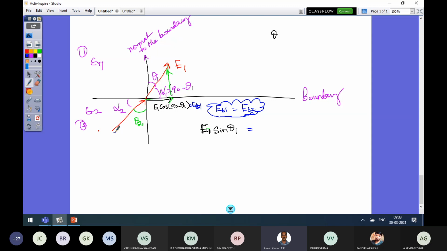What is ET2? This is ET2, right? Or you can say this is ET2. What is ET2? This is the E2 vector.